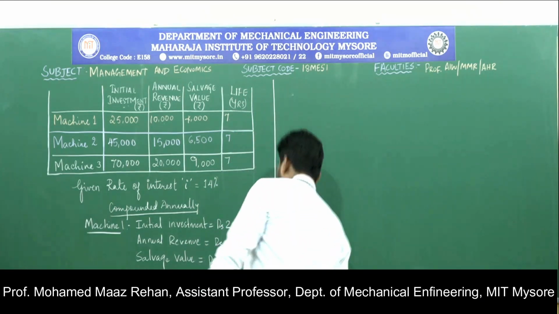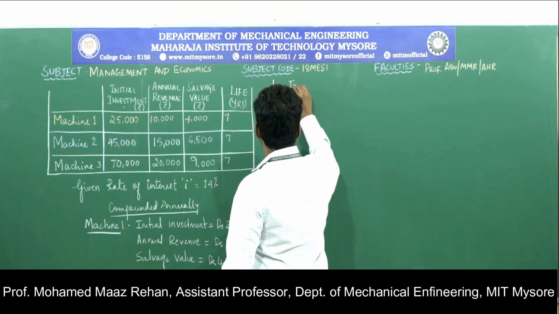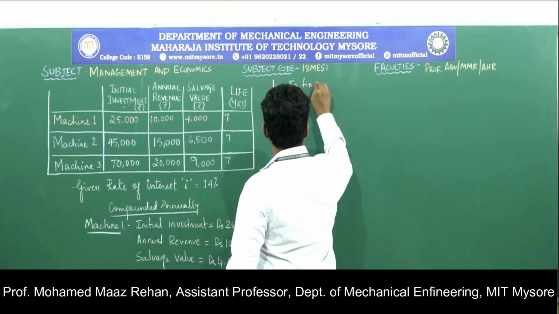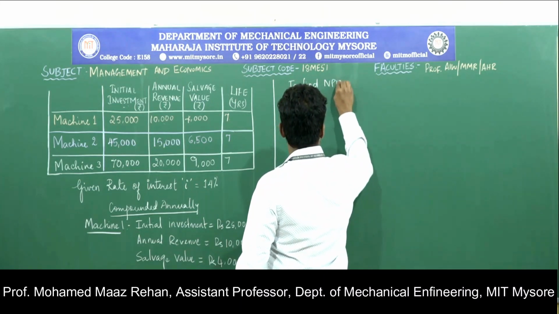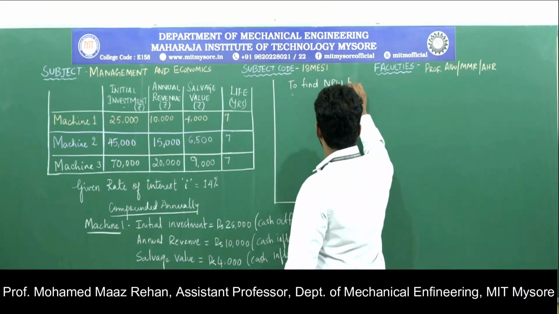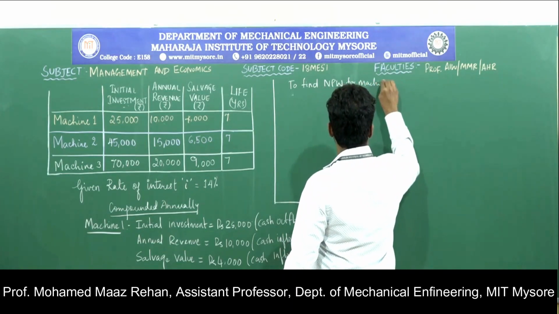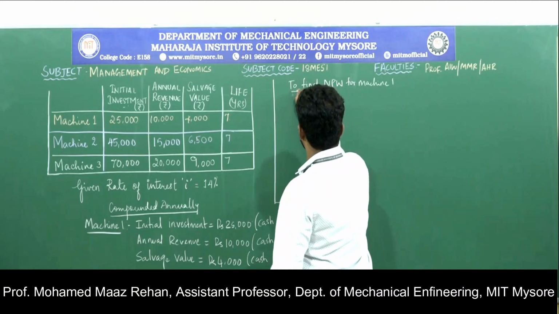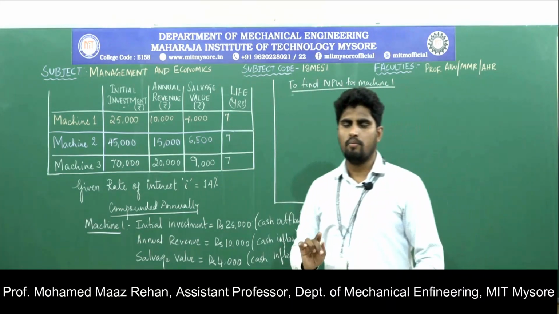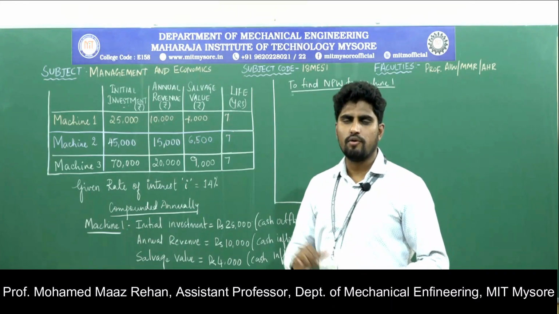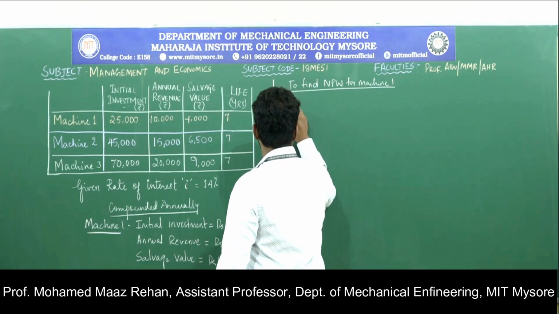Now we need to find the net present worth for machine 1. What is the formula for net present worth? I'll write the formula.